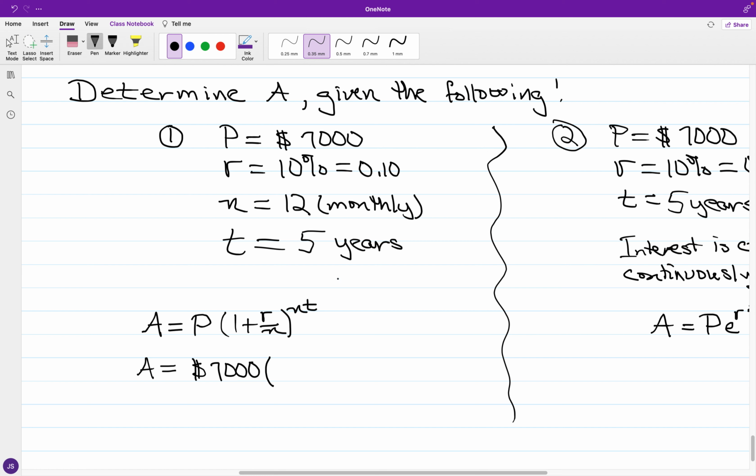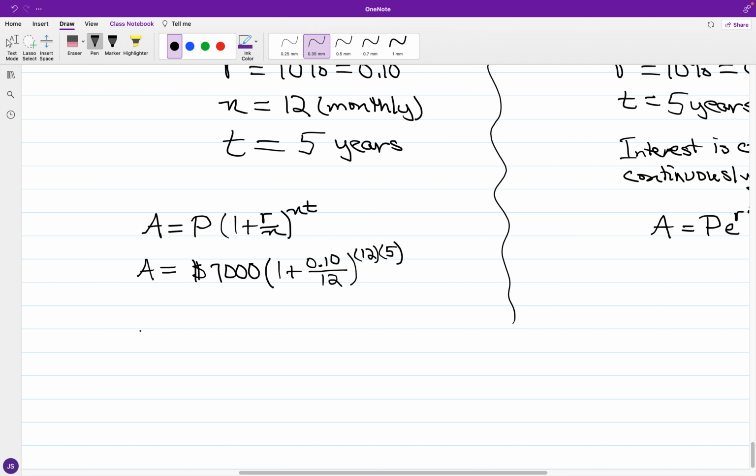And for 1 plus r over n, r we have at 0.1, n we have at 12, then we have to the n times t power. So you have $7,000.